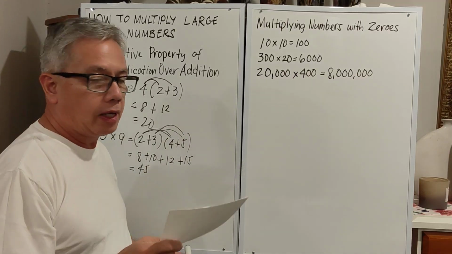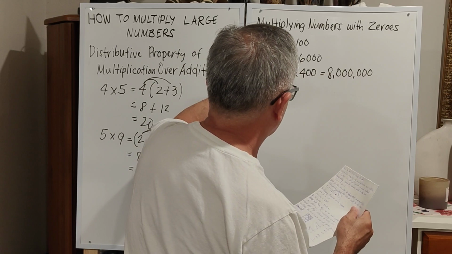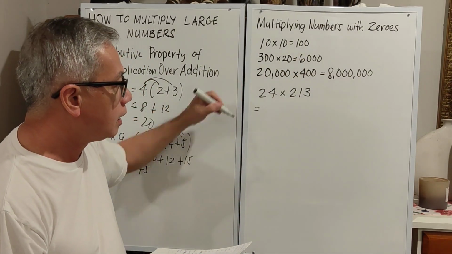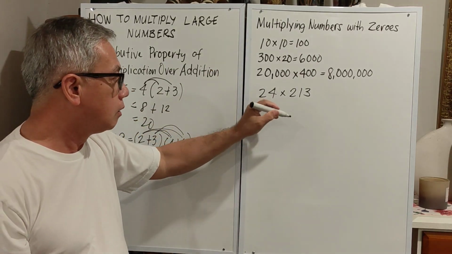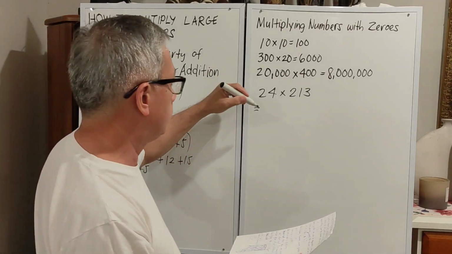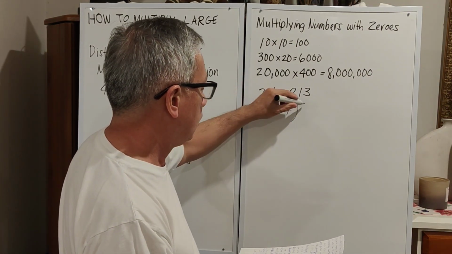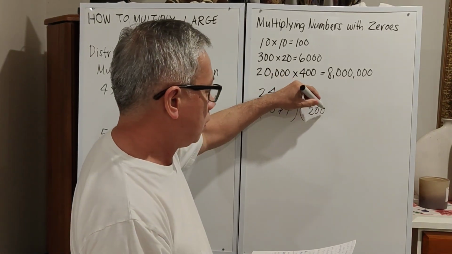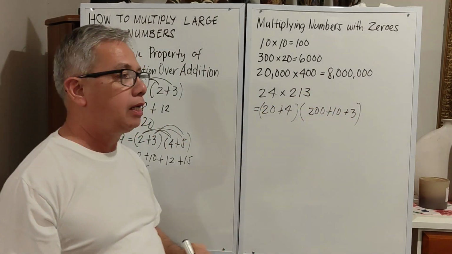So let's get an example. For example, we have 24 times 213. We can separate 24 into 20 plus 4, and then 213 we can separate into 200 plus 10 plus 3.